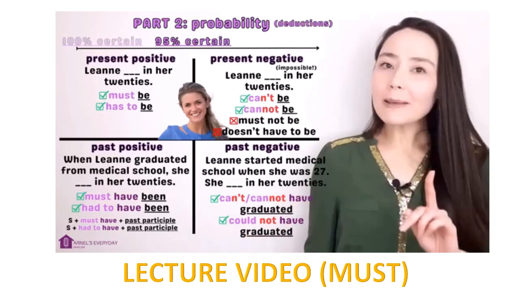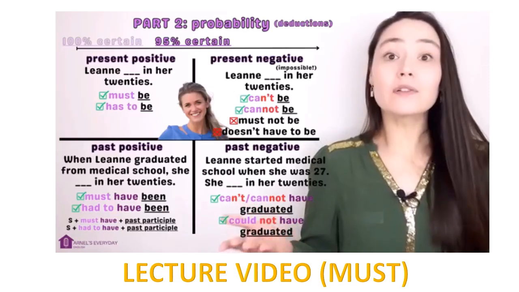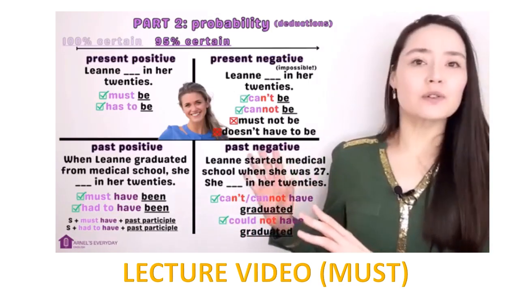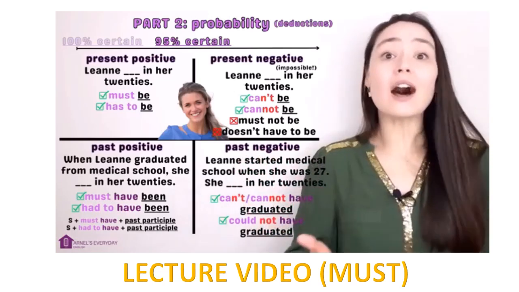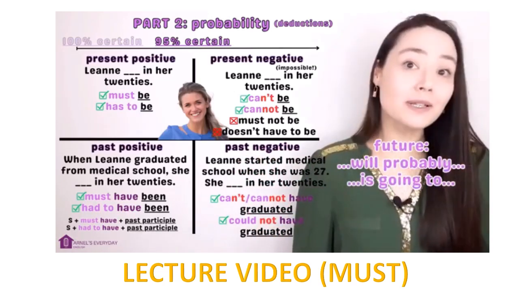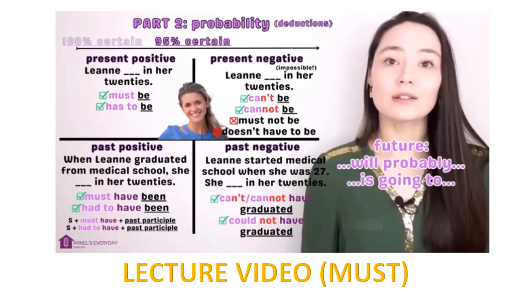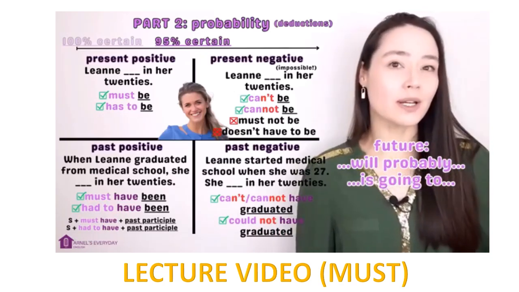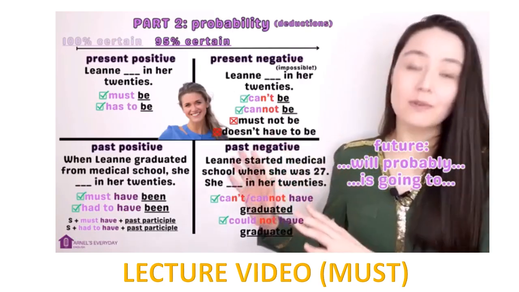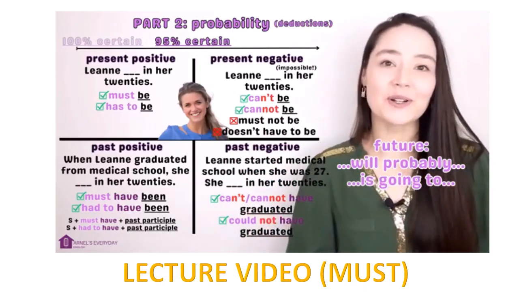Some of you might be wondering, but what about the future? Well, there isn't really a future form for this. We would use other structures. For example, she will probably graduate in her 20s. She's going to graduate in her 20s. There isn't really a specific form for these for the future.